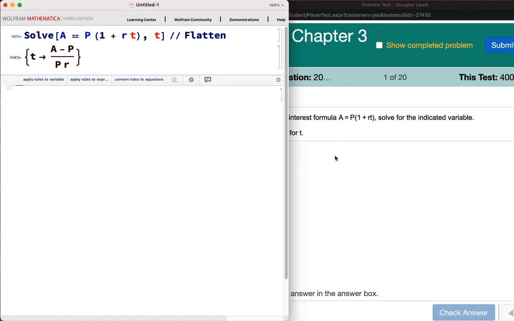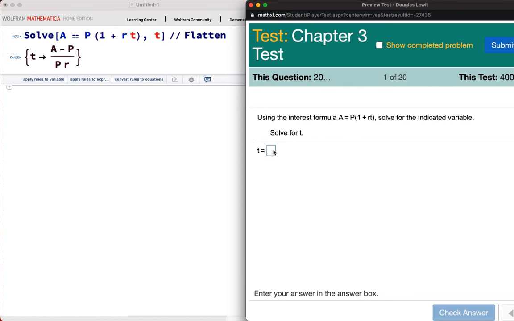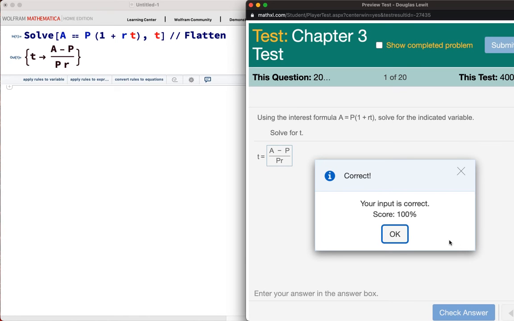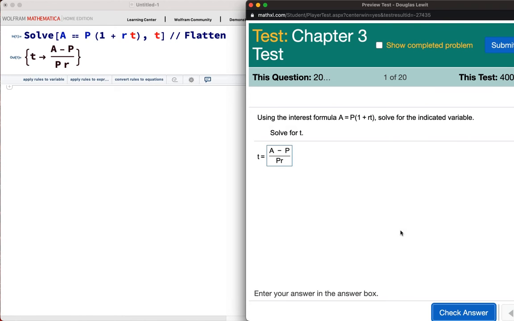So T is equal to A minus P, divided by P times R. Is that correct? Your input is correct. Score 100%. Let's move on to the next problem.